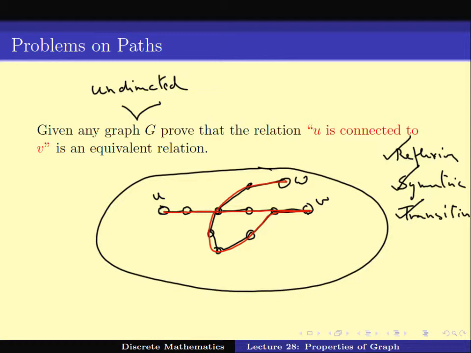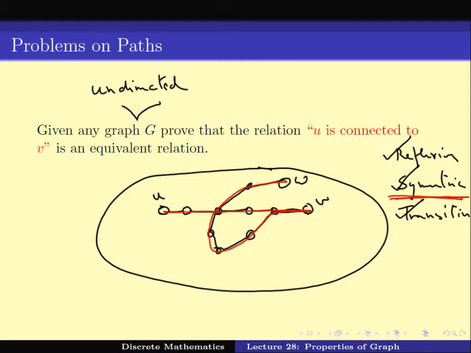Now, why did we use the undirectedness? The undirectedness was specially used for the symmetric case. If it is not undirected, then the relationship is not symmetric. Okay? So that means if the graph is undirected, then the relation, namely U is connected to V, is an equivalence relation.